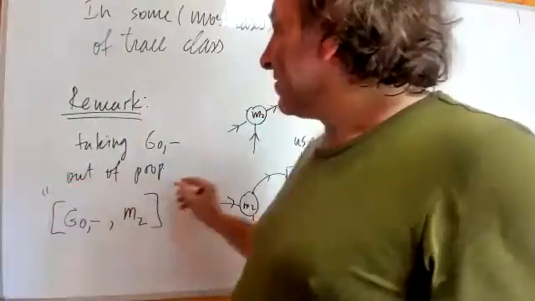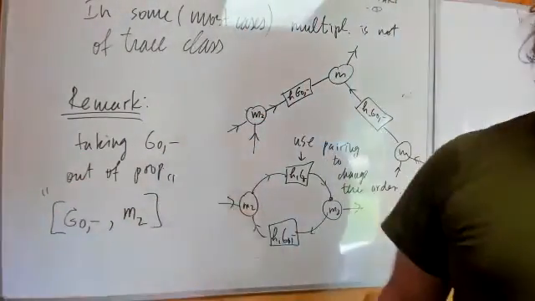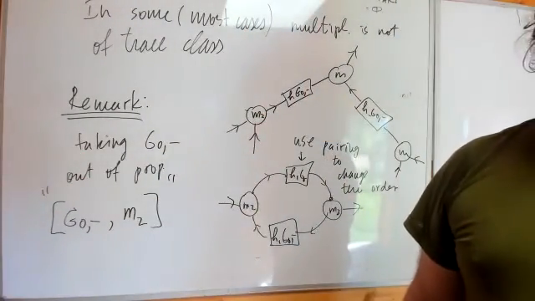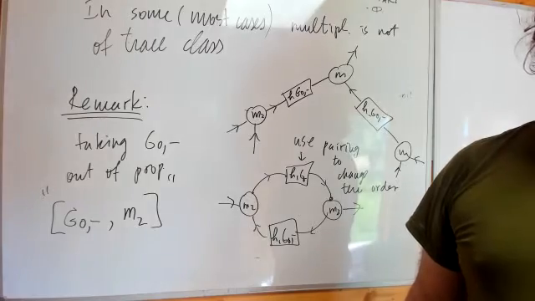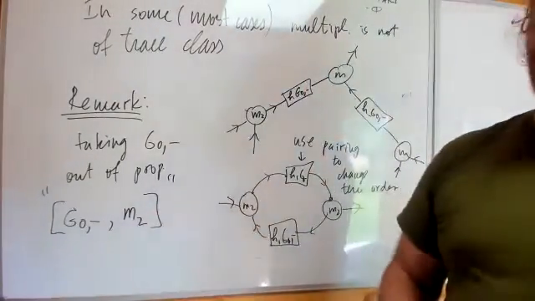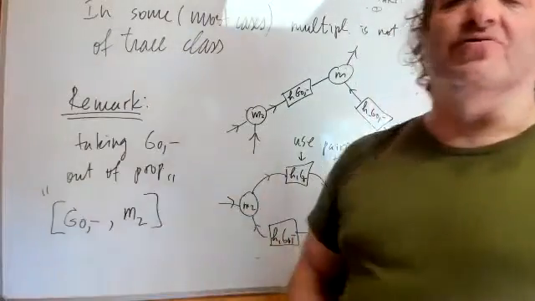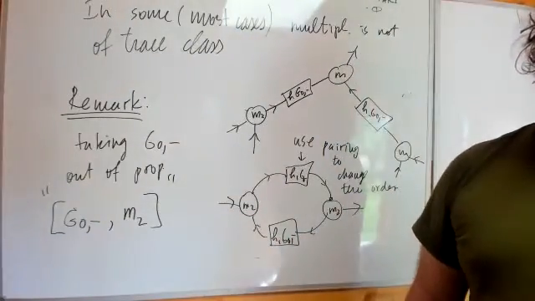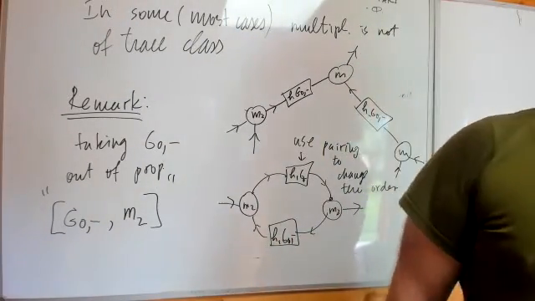I put it in brackets because M2 is not an operator. So it's a measure to which G naught minus is not a first order operator. So that's the Poisson bracket. Yes.